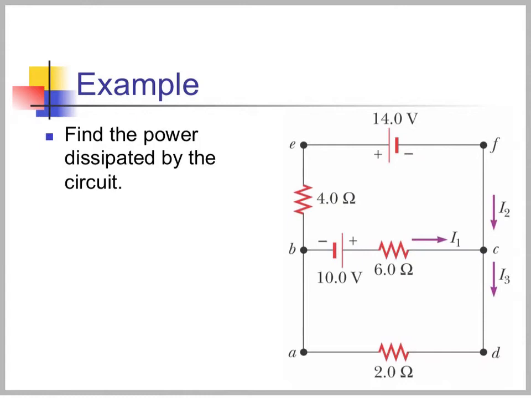Let's draw I3 down here. I2 I'm going to draw coming down, even though it's coming out of the negative side of the battery. It might be wrong, but it really doesn't matter. I've chosen certain directions for my current. In the end, when I solve, I'll see if I chose correctly or poorly.